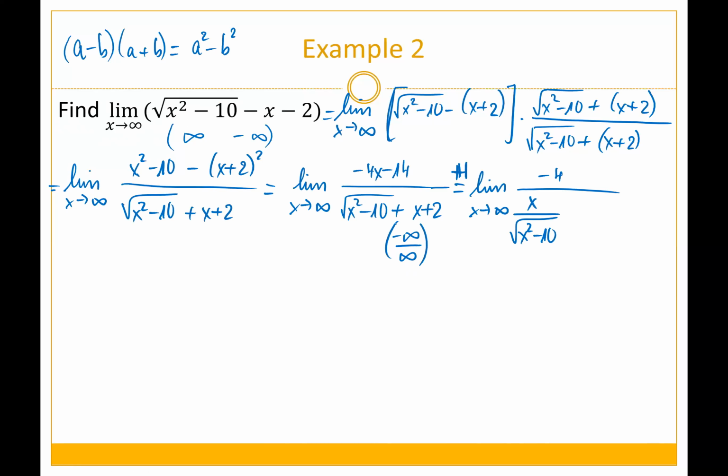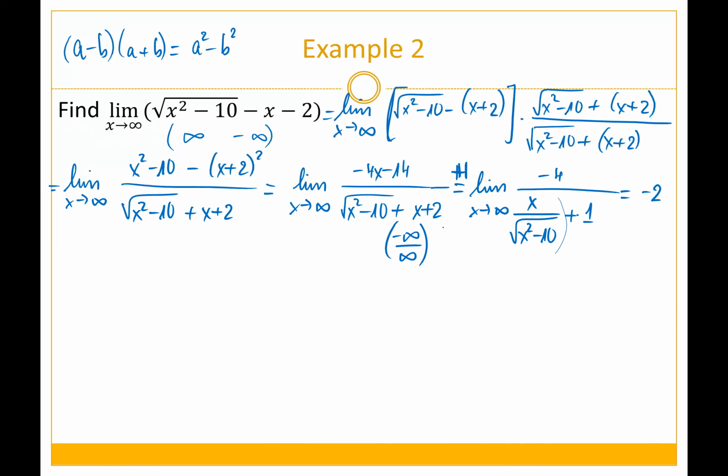When you take the derivative, you take the half outside, so the 2 cancels out with the 2. And obviously you can see that as x approaches infinity, this term is going to be 1. So our final answer is going to be negative 2, because negative 4 over 2 is negative 2.